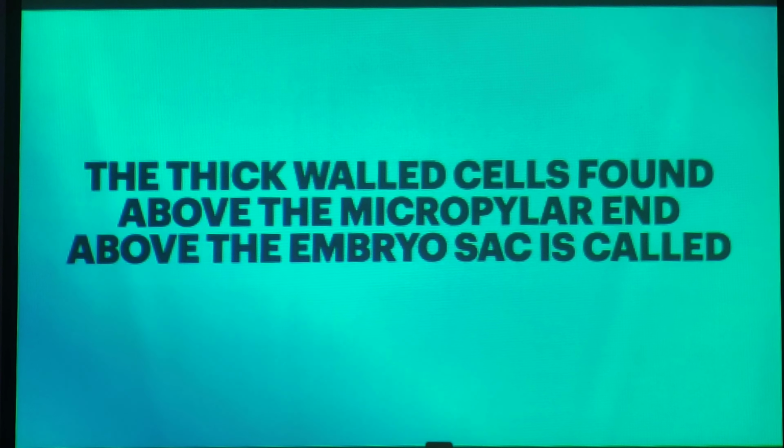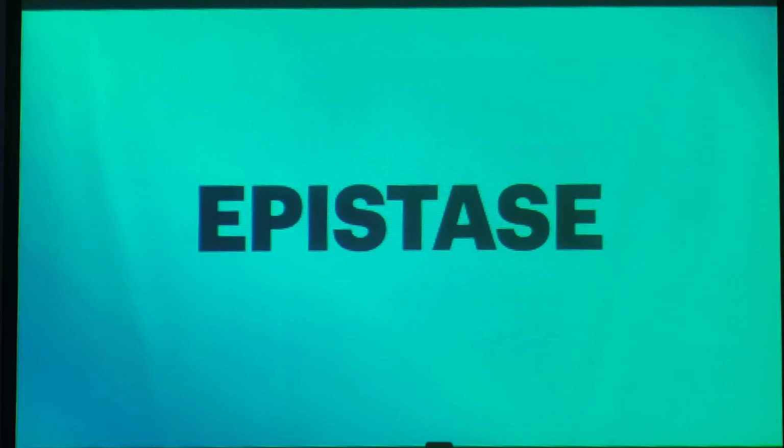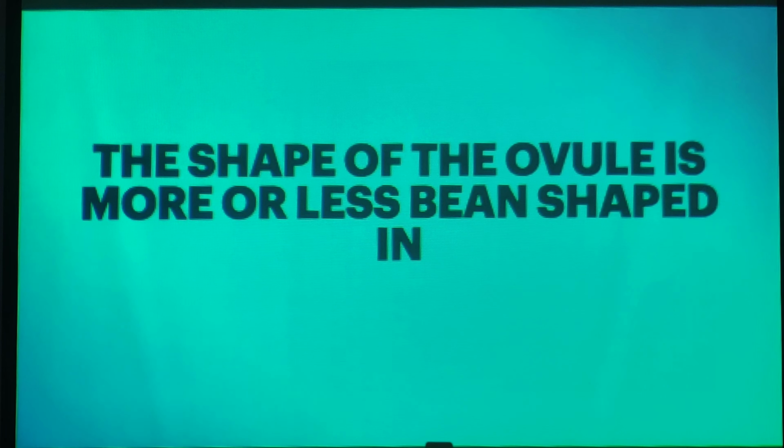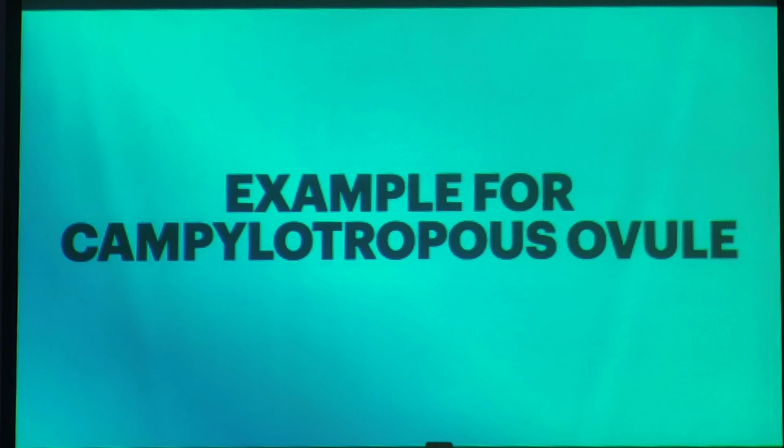The thick-walled cells found above the micropylar end, above the embryo sac, is called epistase. The shape of the ovule is more or less bean-shaped in Campylotropous.